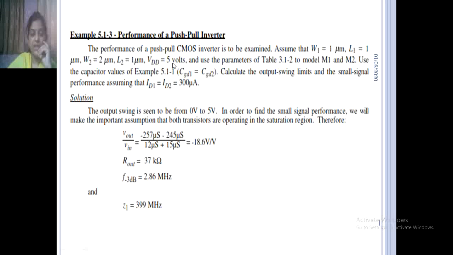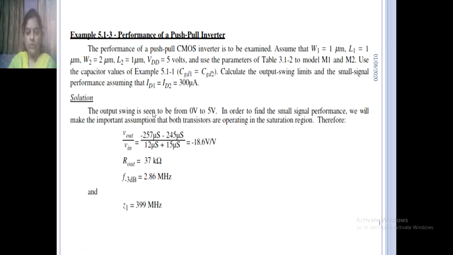Then VDD is 5 volts, and use the parameter table to model M1 and M2 and use the capacitor values like this. Calculate the output swing limits and the small signal performance, assuming that ID1 equals ID2 equals 300 microamperes. So the solution is given.